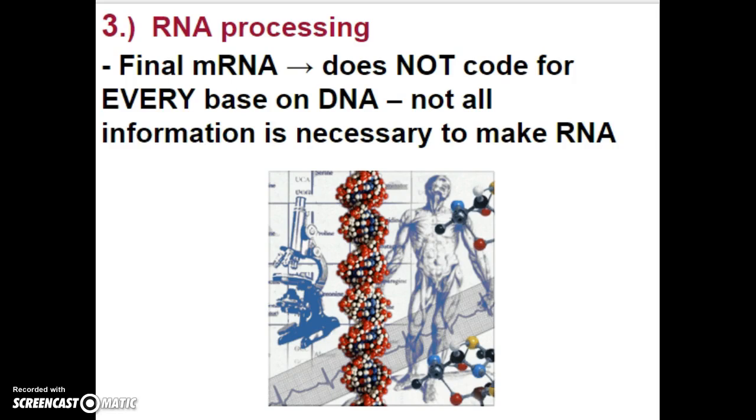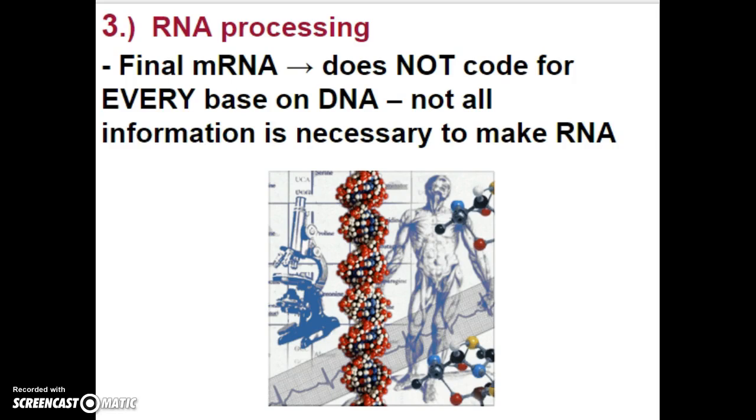Now, in order to make sure that the cell's mistakes, if there have been any that haven't been caught up to this point, are handled, in general not every single base on the DNA is used to make RNA.